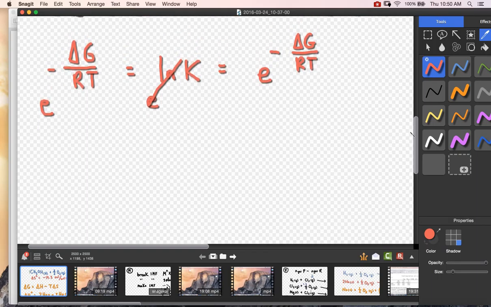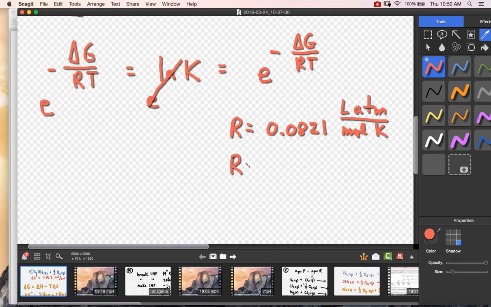Now R in gas law computations is 0.0821 liter atmospheres per mole Kelvin. When we're talking about energy, it's 8.3145 joules per mole Kelvin.